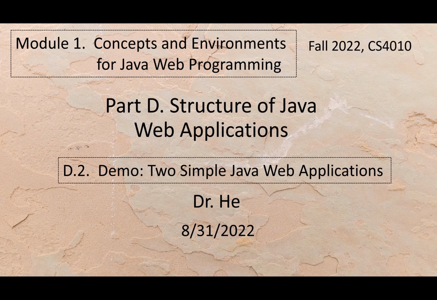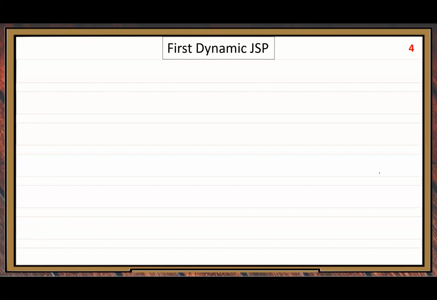The first one is a dynamic JSP. We still do a JSP, but last time we just printed out hello world, which is not interesting, because it was our first web application and we just wanted to make it work. But now, for the second one, we want to print out some dynamic information.